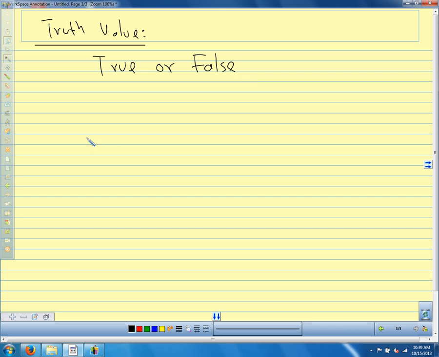For a conditional to be true, every time the hypothesis is true, the conclusion has to be true. Every time.